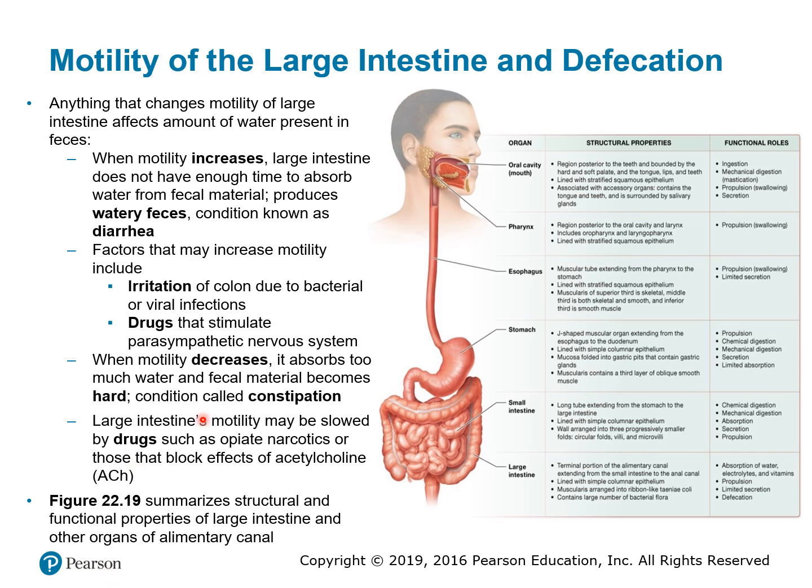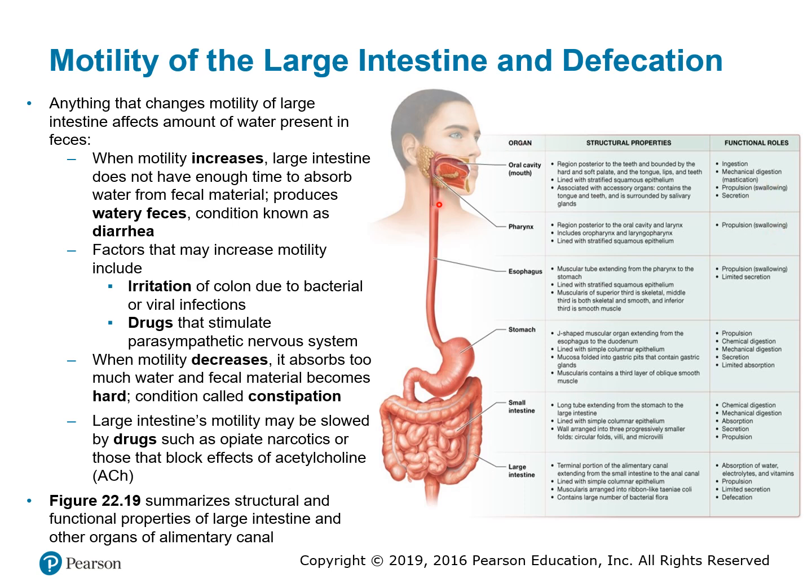So putting everything together, summarizing everything, including the large intestine and how it's associated to the other organs in the alimentary canal. So once again, you have the oral cavity, which is mainly for the ingestion mechanism, mechanical digestion like chewing, and then propulsion and secretion.